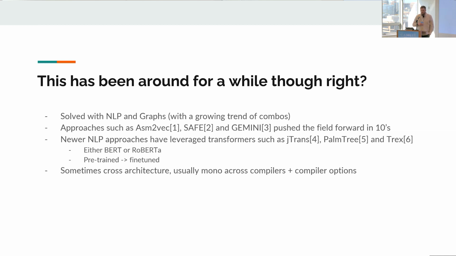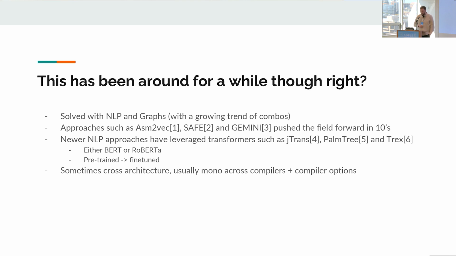Newer approaches, particularly around NLP, have tried to use some of the advancements in transformers. I've mentioned three there: JTrans, PalmTree, and Trex. All of them use either BERT or RoBERTa, and then they use the standard pre-train, fine-tune methodology. The interesting thing with these is they've all come up with their own pre-training methods.